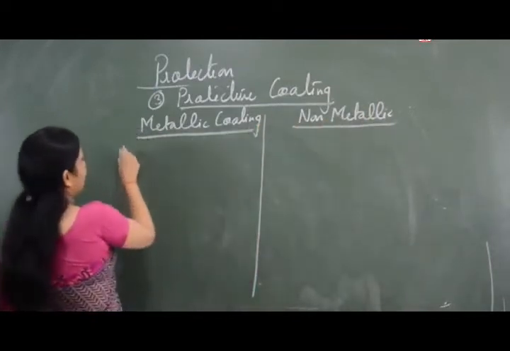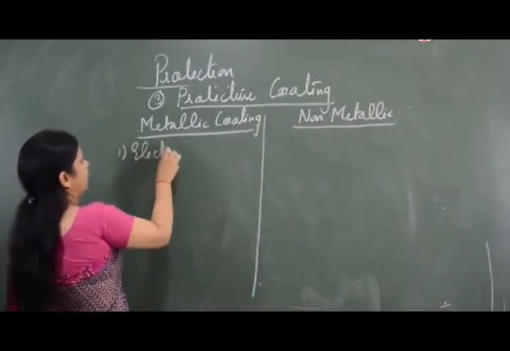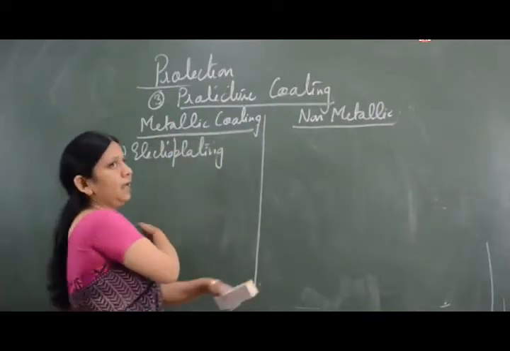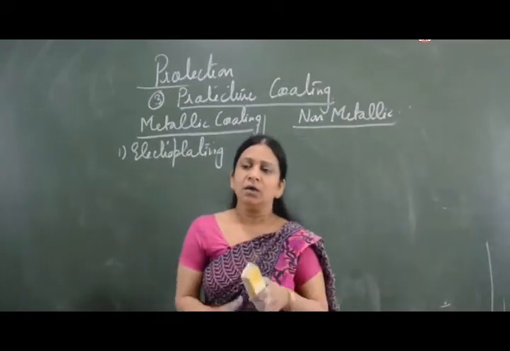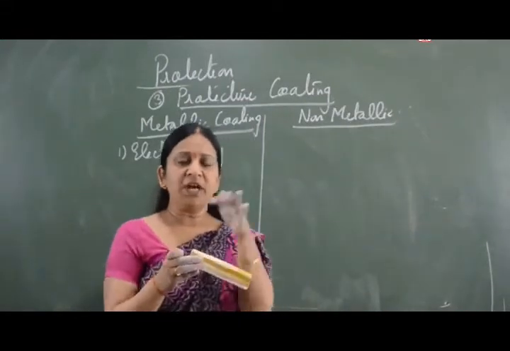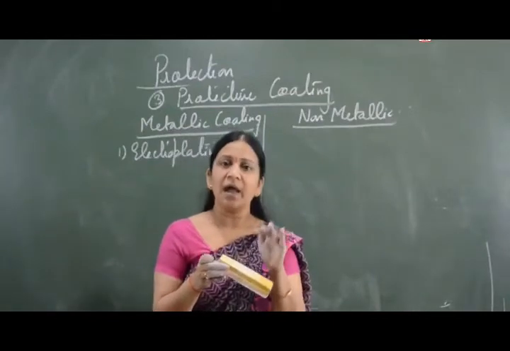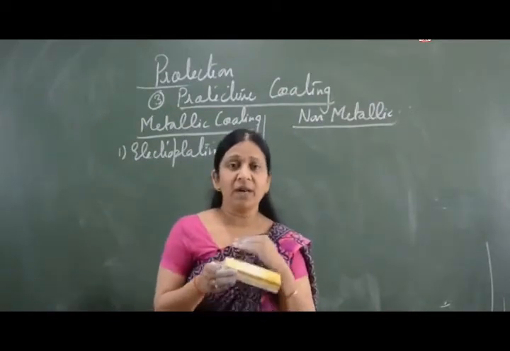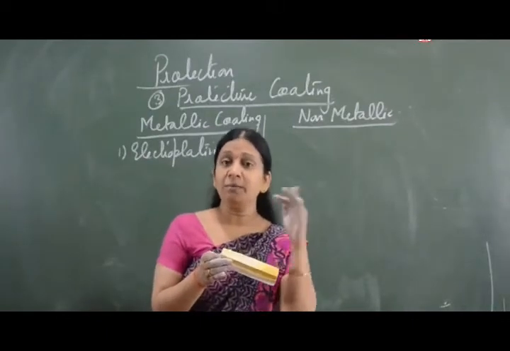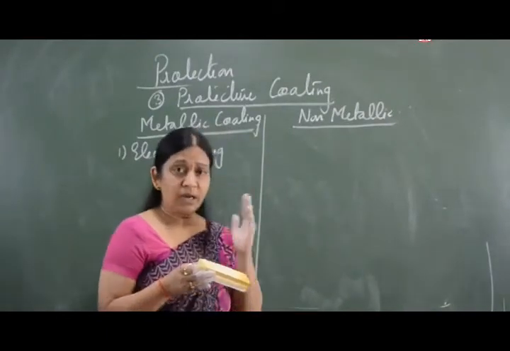Under metallic coating, the first is electroplating. In electroplating, we coat a metal with a protective metal, and that protective metal is going to act as anode. The metal to be protected acts as cathode, and a salt of the coating metal is taken as an electrolyte.